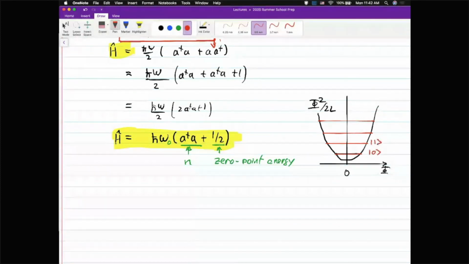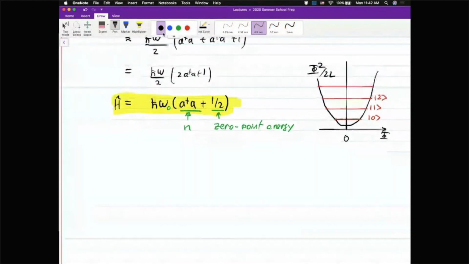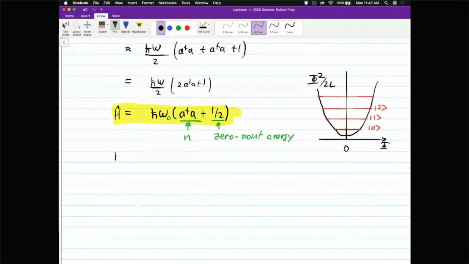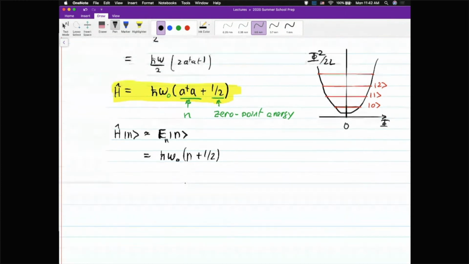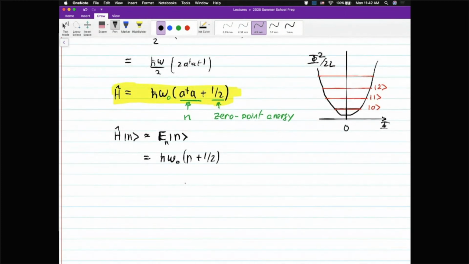This is the 0th level, the first excited level, the second excited level, and so forth. So this now connects with the semi-classical picture we had. If we apply the Hamiltonian now on a Fock state n, we obtain the energy of the nth state, let's call it E sub n, which is h bar omega naught (n plus 1/2). Okay, and this was the semi-classical picture of n we used earlier, where n, of course, is equal to 0, 1, 2, or some other number.